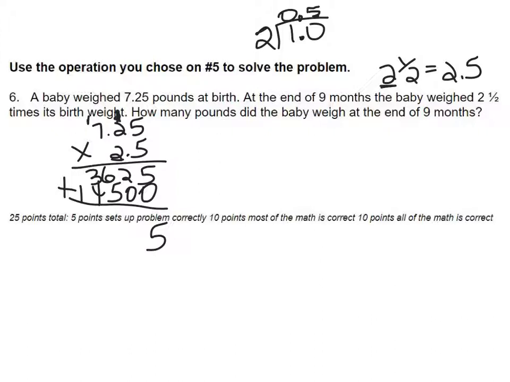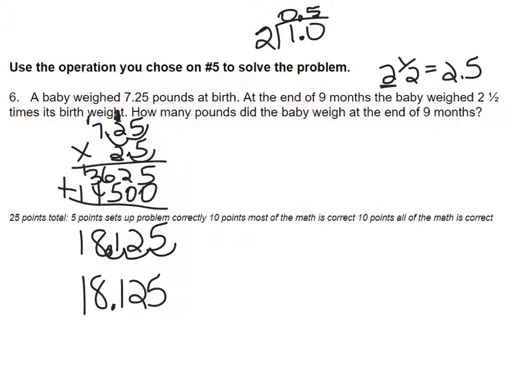So it's 5, 2 plus 0 is 2, 6 plus 5 is 11, 4 plus 3 is 7, plus 1 is 8, and 1 is 1. So we have 1, 2, 3 decimal places. So that means my answer is 18 and 125 thousandths pounds.